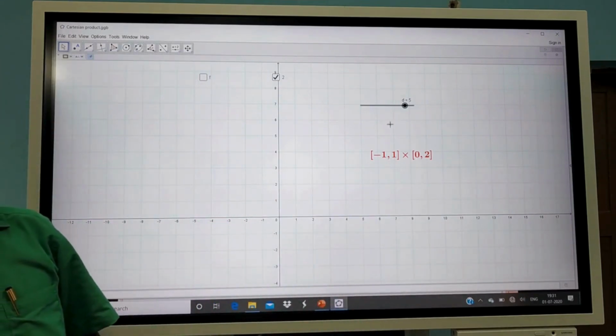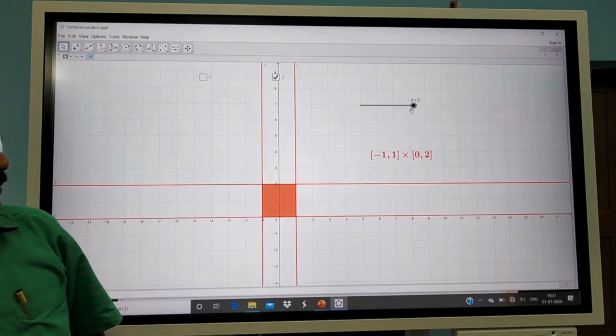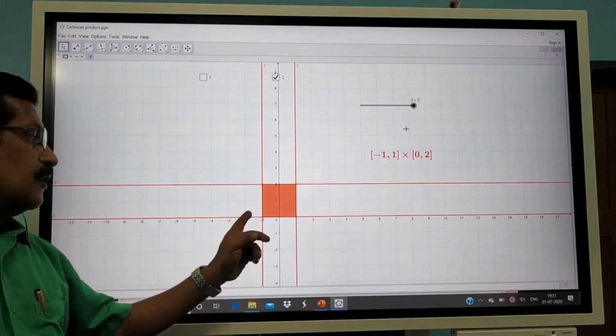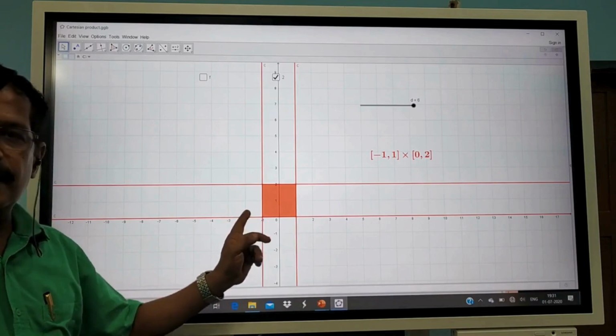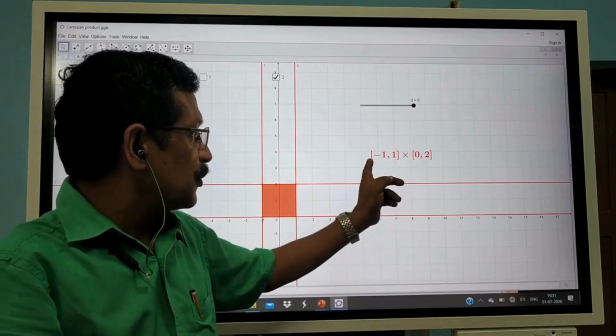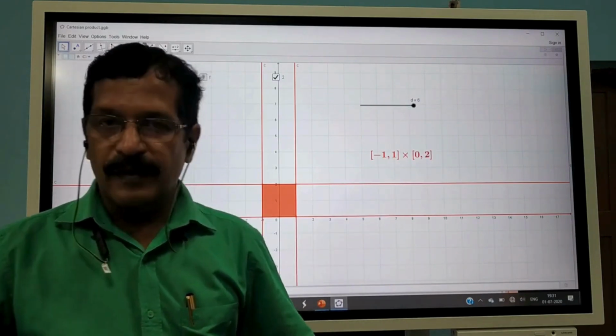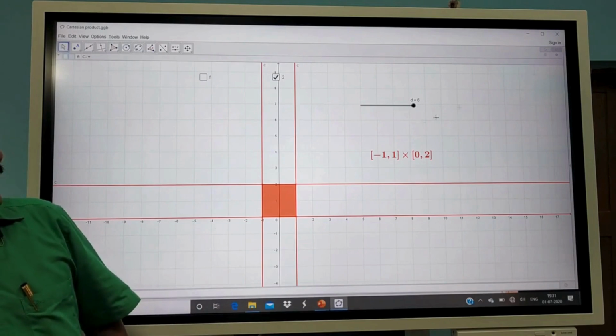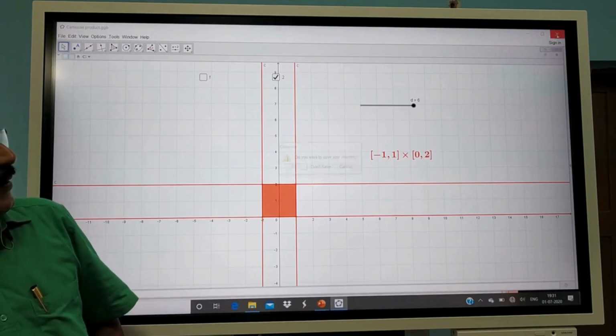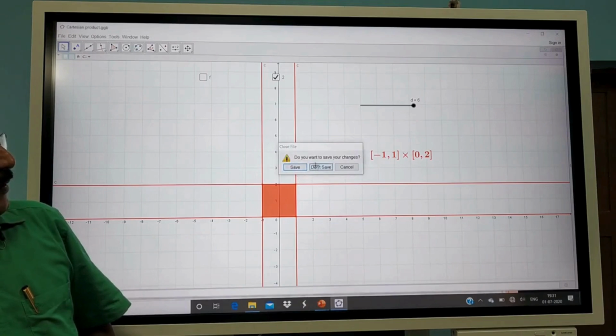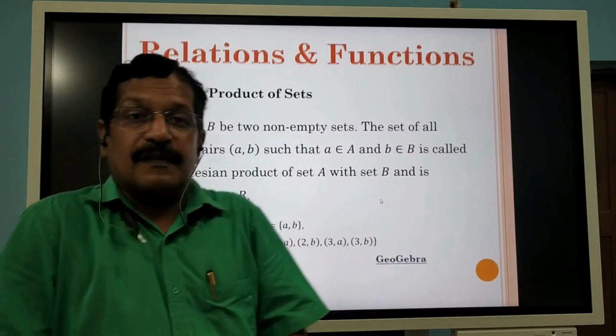That is this one. So all the elements in this region are elements of the Cartesian product [-1, 1] cross [0, 2]. Now it's clear. Now this is the Cartesian product.